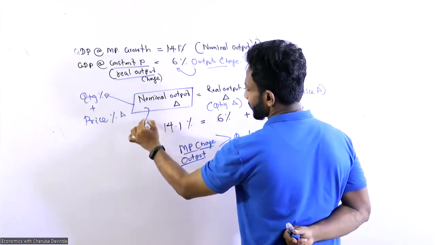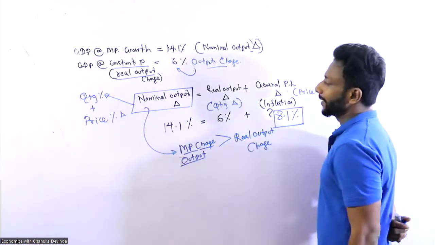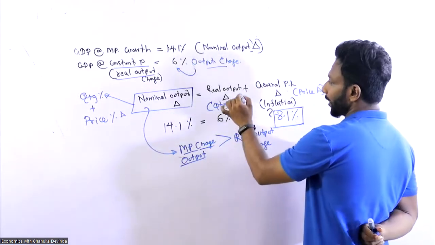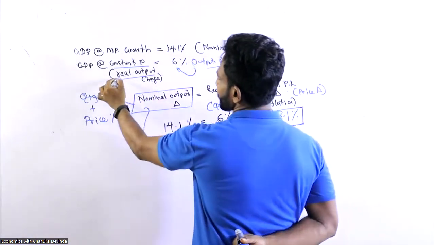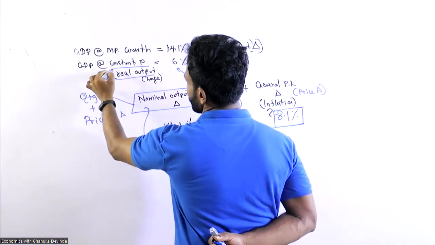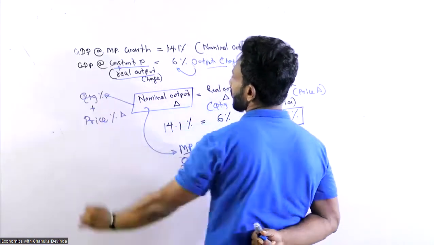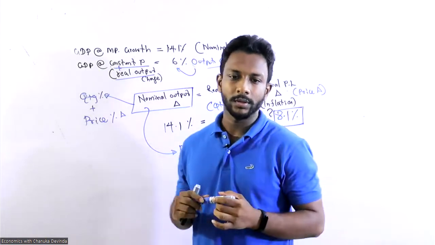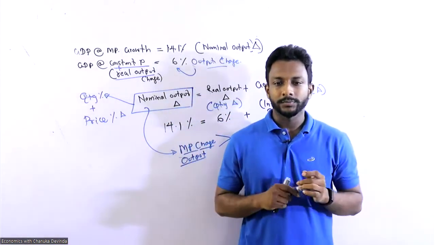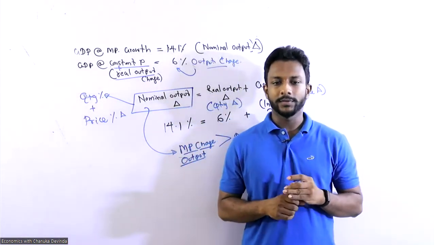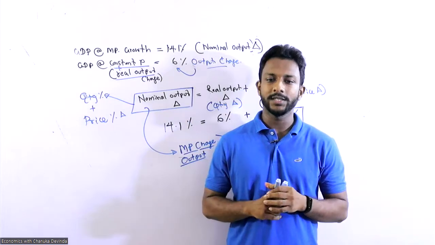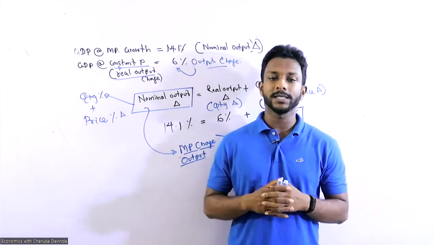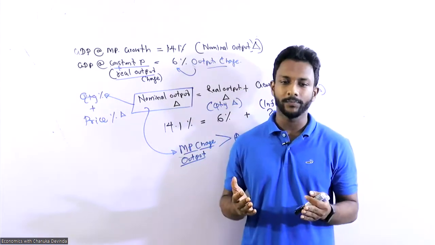Market price means the nominal output, and real output means the fixed constant price. These two, right? So therefore, the increased percentage of market price GDP is more than the increased percentage of constant price GDP, obviously.